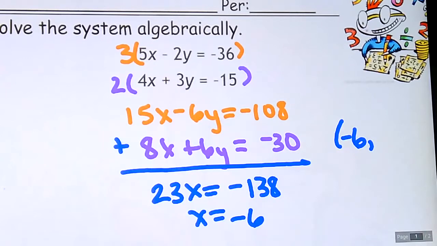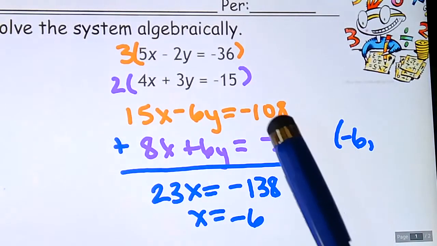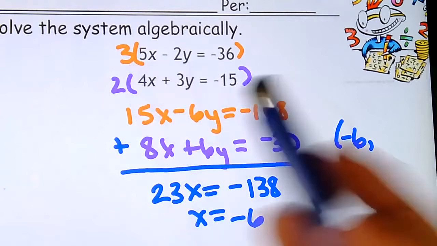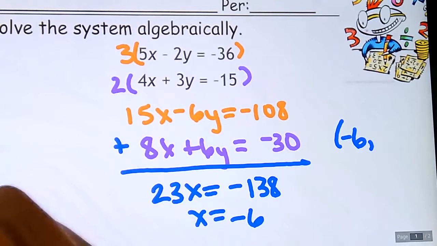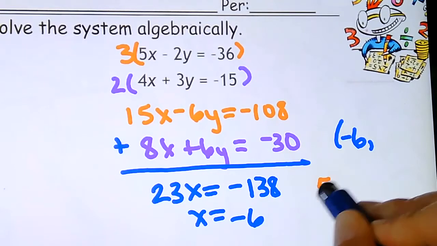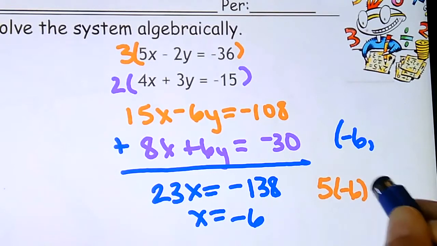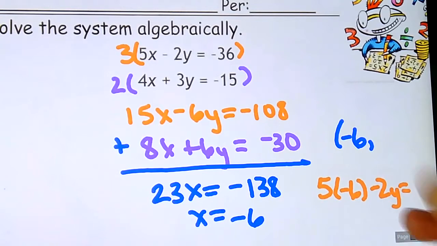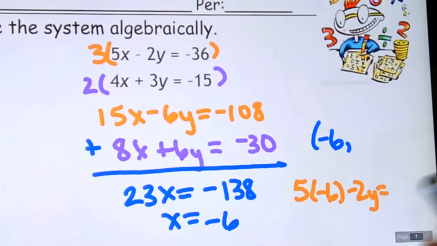And I'm just going to put it into whichever one I prefer. Let's say I put it into the top one. It doesn't really matter. Neither one of them is beautiful. So I'm going to go 5 times negative 6 minus 2y equals a negative 36.